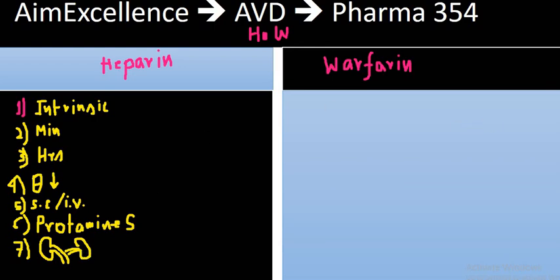Whereas, in contrast to heparin, warfarin acts through the extrinsic pathway.